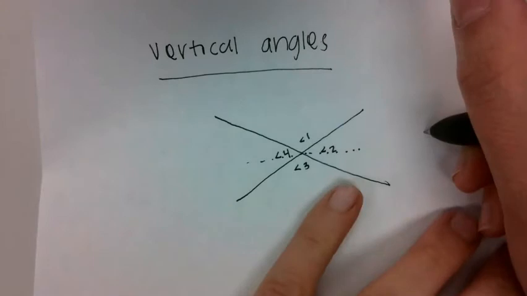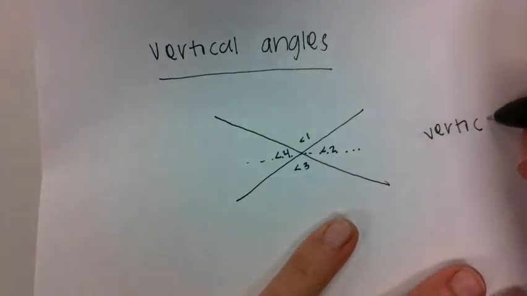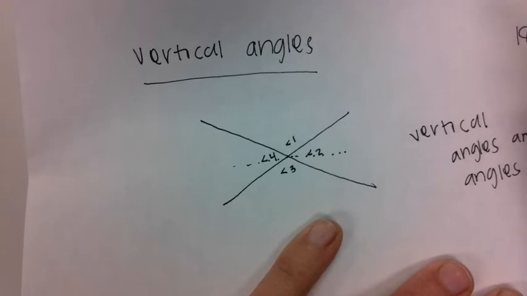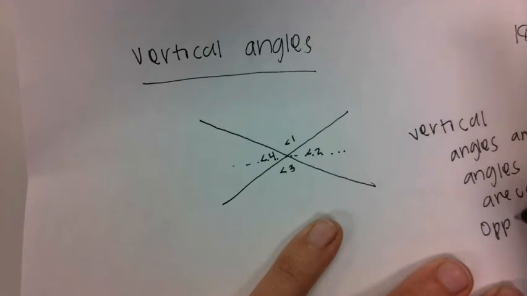So vertical angles are angles that are congruent. And we usually say that they're opposite of each other.